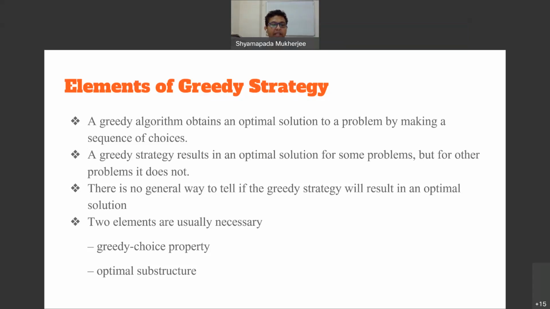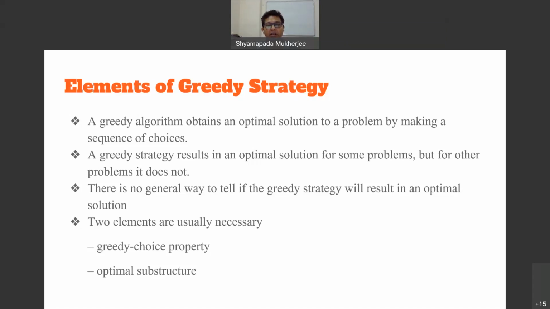So the two main elements, as I said: one is the best choice property, or the greedy choice property. The best choice property is defined in the way that a particular solution to a problem will be considered that is best at that moment.